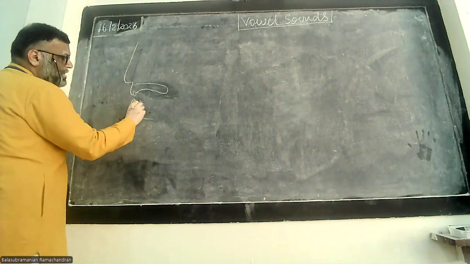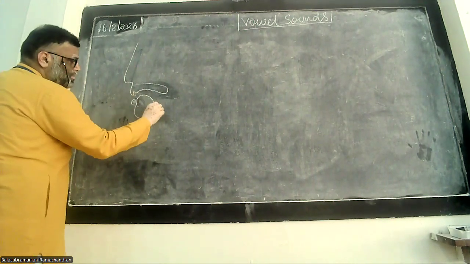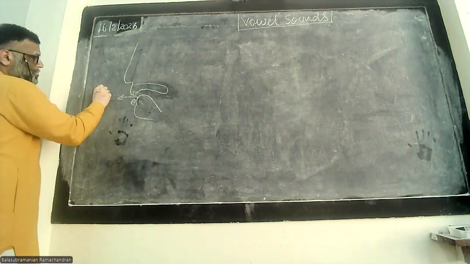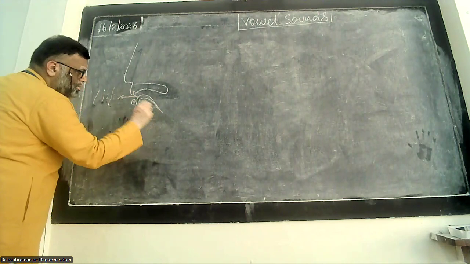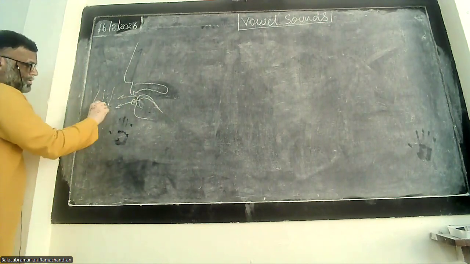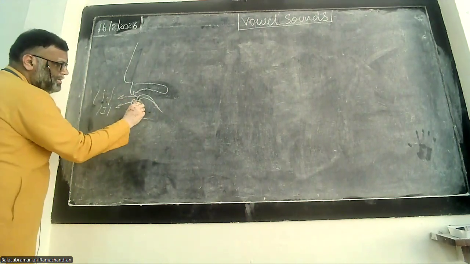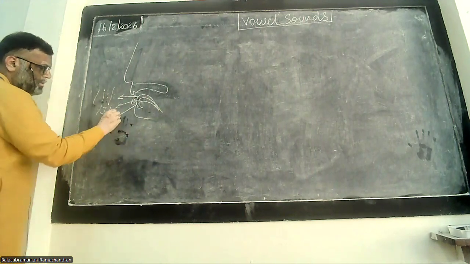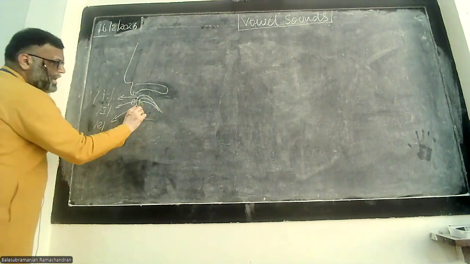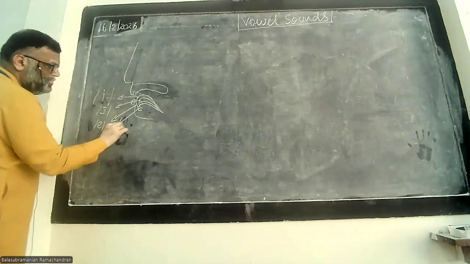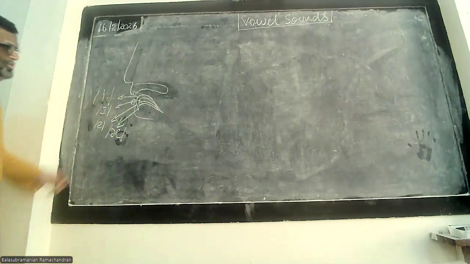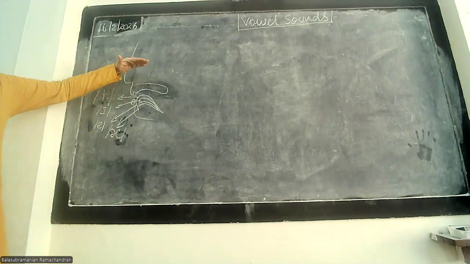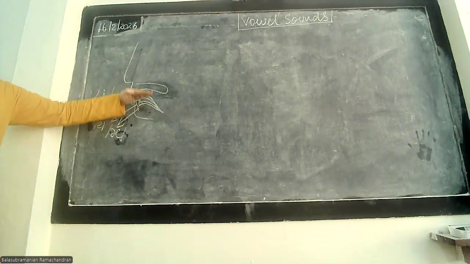That is E. Front, and A. I mean, it's not perfect, but if you see, the height keeps on reducing.